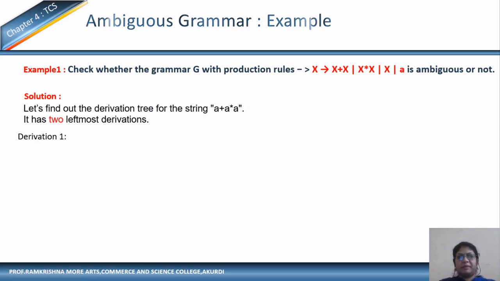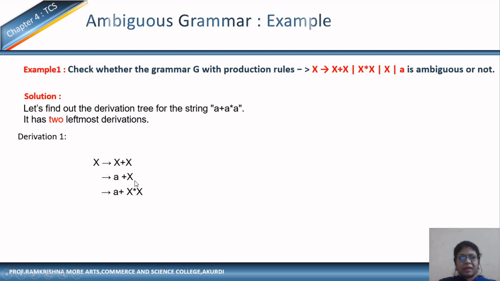So derivation 1. We have written the given production first: X gives X plus X. We are given the string a plus a into a. So a plus a is indicated by X plus X. The first X is derived by a. So the next step is a plus X into X. For X we can write X into X from the given production rules.